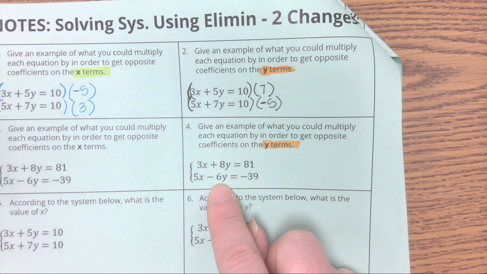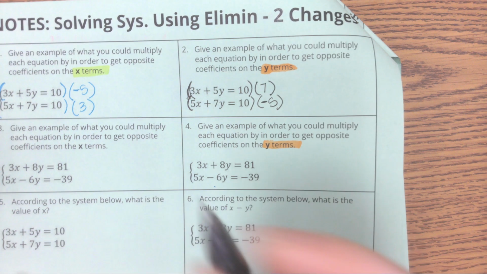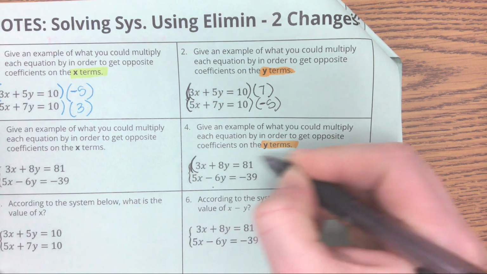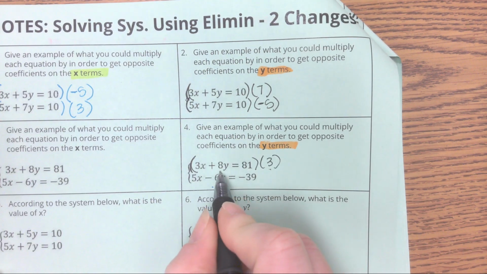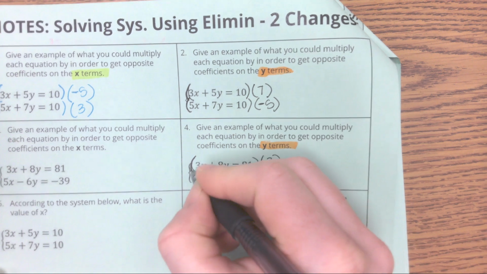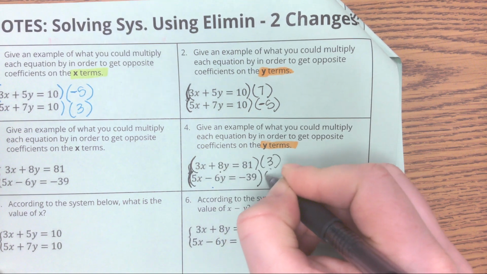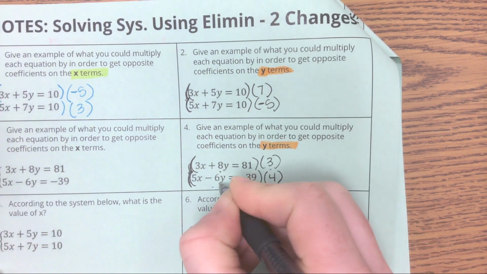That's fine, you're going to have bigger numbers. As long as you get opposite coefficients, if you don't get the smallest one, it's not the end of the world, okay? But Jaden, you're right, the smallest one you would multiply would be this by 3, because 3 times 8y would give you 24y, and then this one by 4, because 4 times -6y would give you -24y.